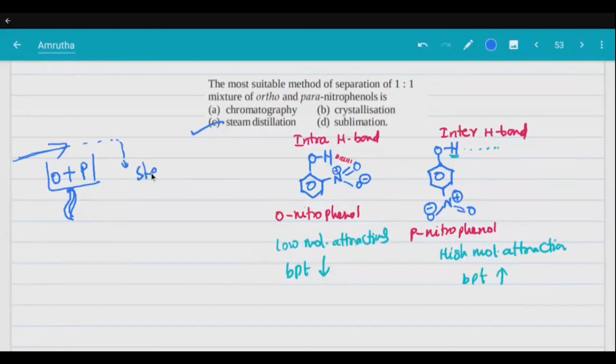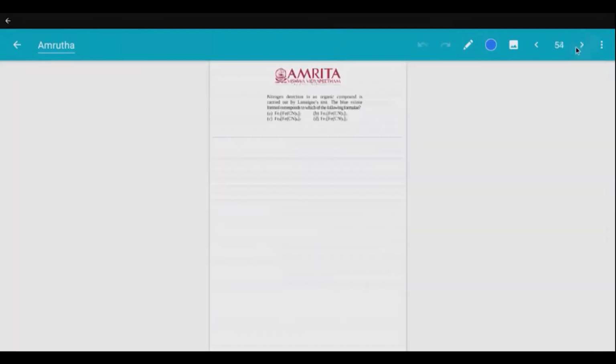So steam plus orthonitrophenol. This is how orthonitrophenol is separated from paranitrophenol. Paranitrophenol cannot be easily converted into vapors because its boiling point is relatively high compared to ortho. It's very simple, right? Steam distillation.